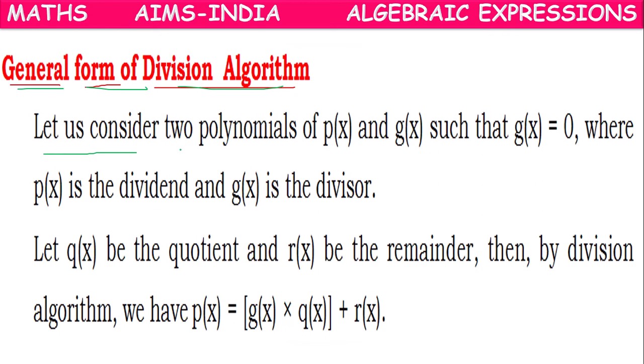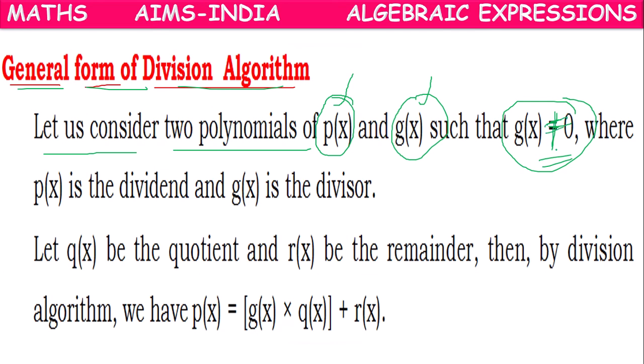So let us consider two polynomials. One is p of x, another one is g of x, such that g of x is not equal to 0. P of x is the polynomial name, children, and g of x is the another polynomial, where g of x is not equal to 0.